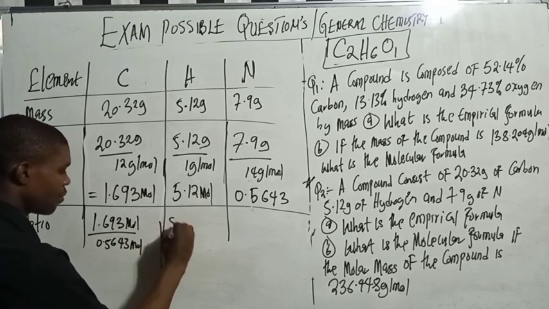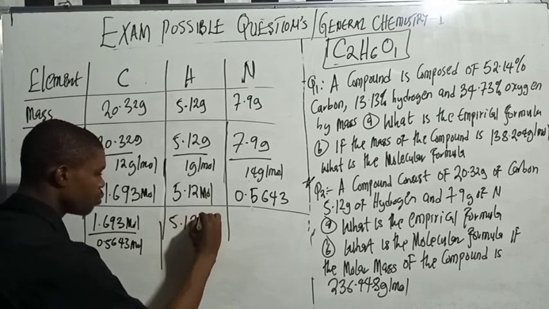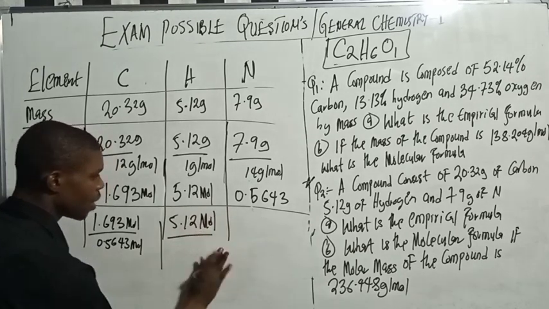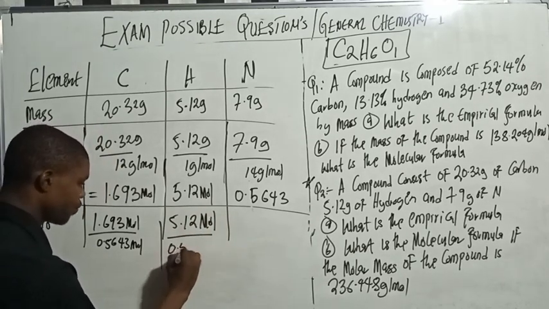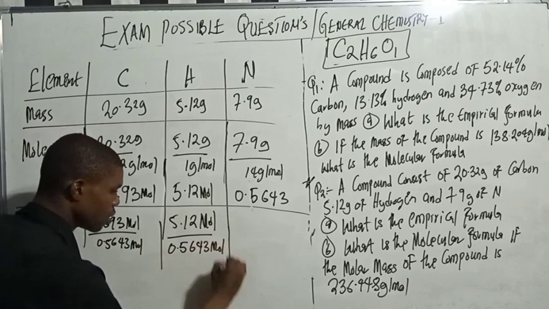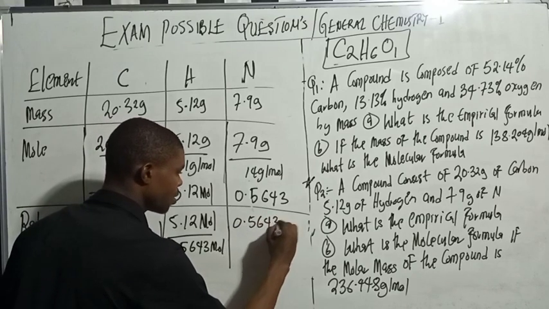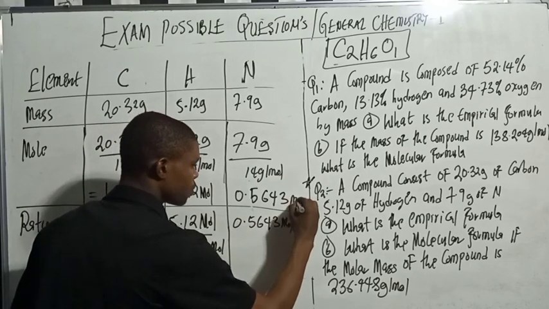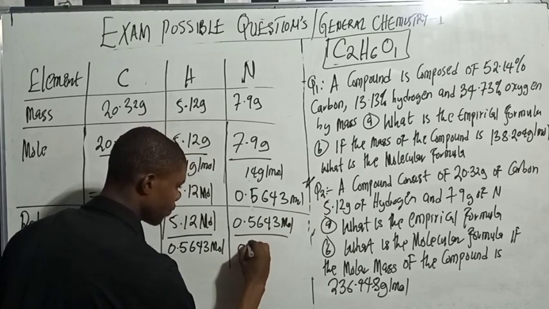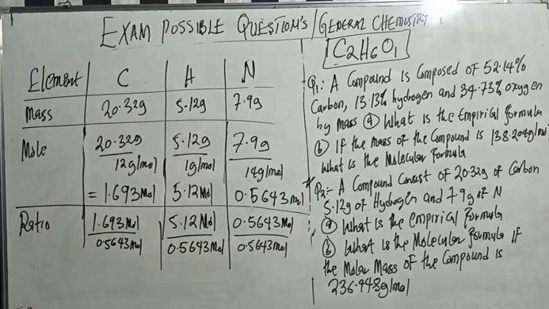The same thing here: 5.12 moles over 0.5643 moles. And the same thing here: 0.5643 moles over 0.5643 moles. So let's do the calculation.